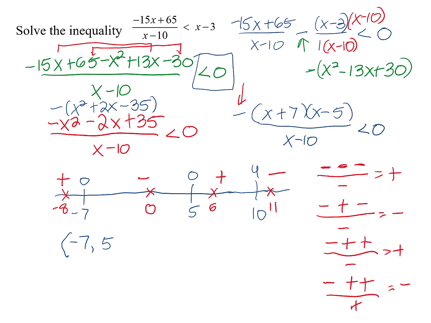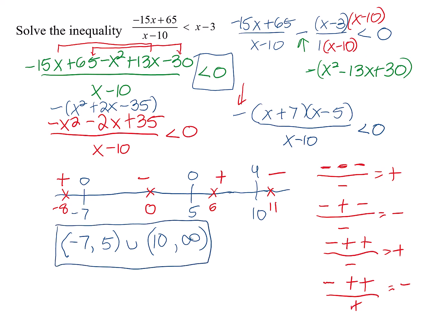We'd include that endpoint because it can equal 0 if it had an or equal to on the inequality, but it doesn't, so it's rounded on both sides of that. After 5, it goes positive until I get to 10, and it's undefined at 10, but it would be rounded anyway, but then it goes negative for the rest of the time. So finish that interval by going to infinity. So there's my solution to this rational inequality.